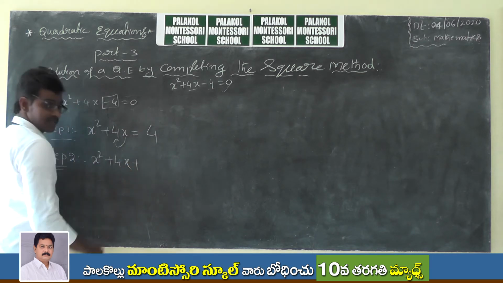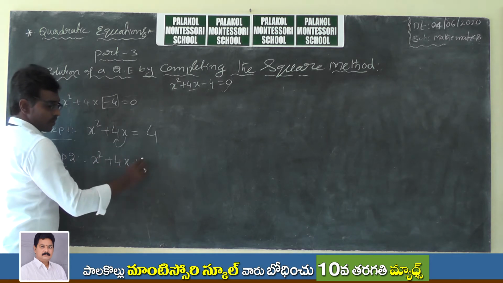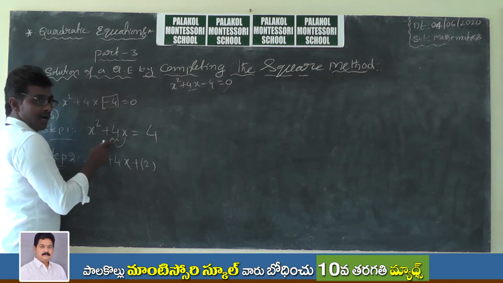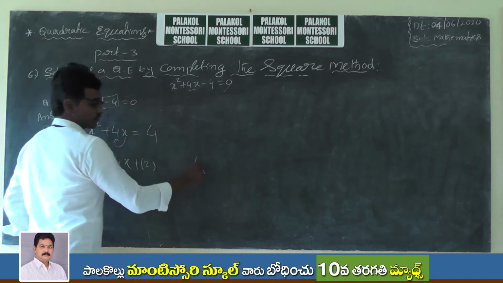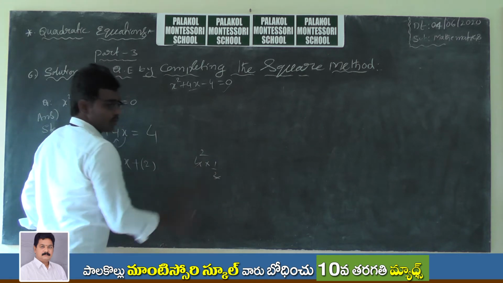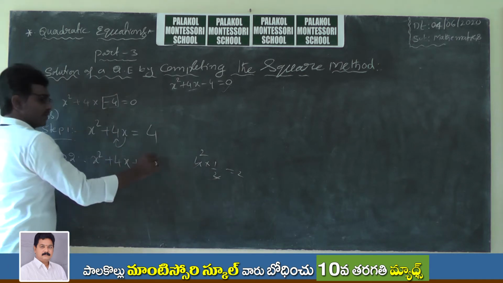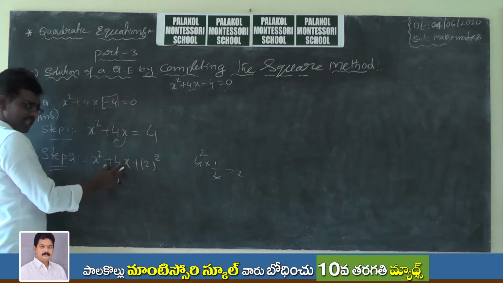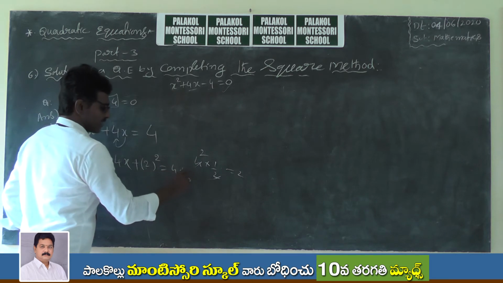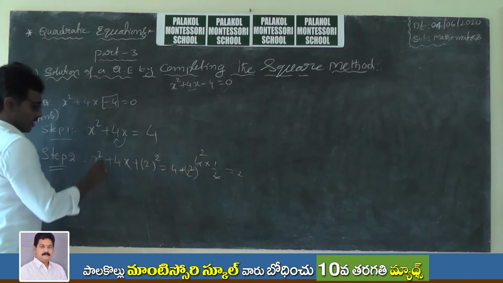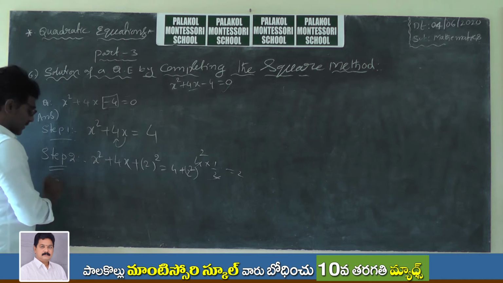Now you write a plus sign and 4 by 2 whole square. 4 by 2 is cancelled 2 times, 2 ones are 2, that's your other 2. Square it, that time you add on the left hand side and right hand side. Okay guys, now this one you write in step 3.